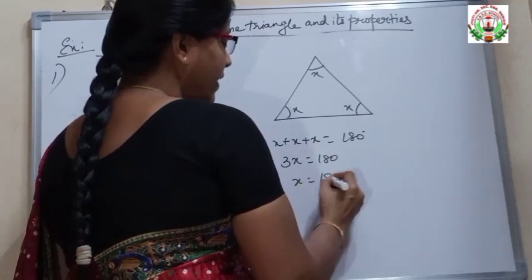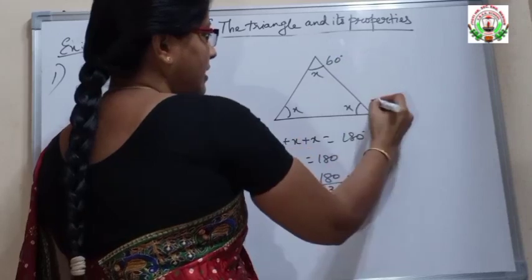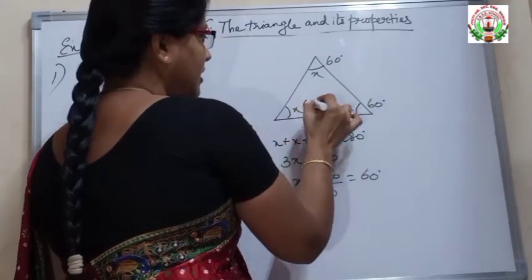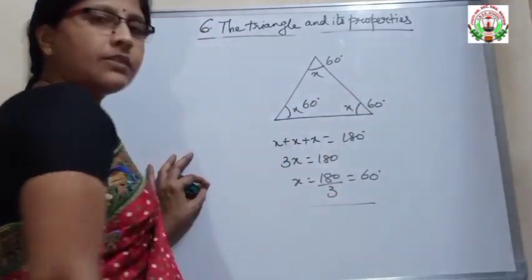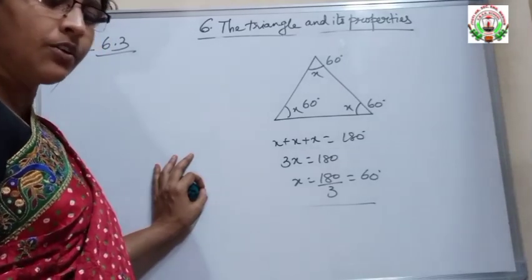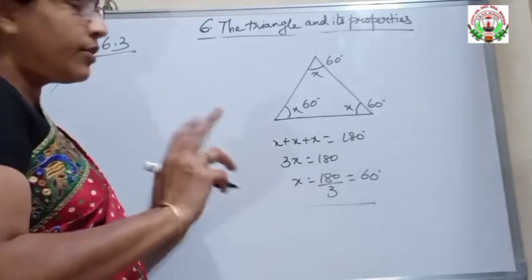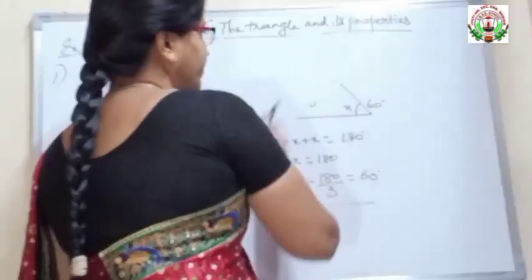X is equal to 180 by 3, that is 60 degrees. So here also 60 degrees, here also 60 degrees, here also 60 degrees. This is your fifth one. So in this I have solved a total of 4 questions. I have left only 2 questions for you. So try to solve the other 2.